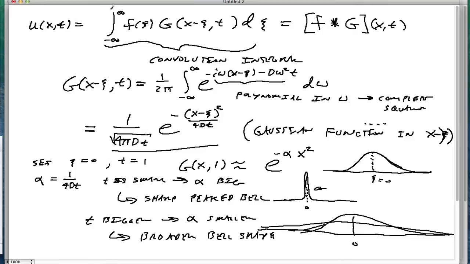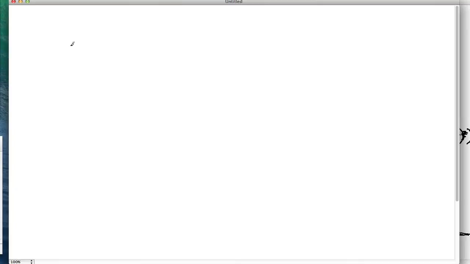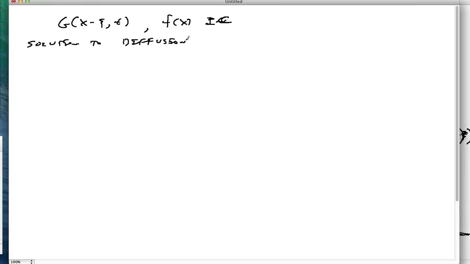So now to close this out, I want to do one more thing. What we have here again is this function g of x minus c, comma t, and f of x is our initial condition, and we now know that the solution to the diffusion equation is what happens to this mass distribution over time, right?